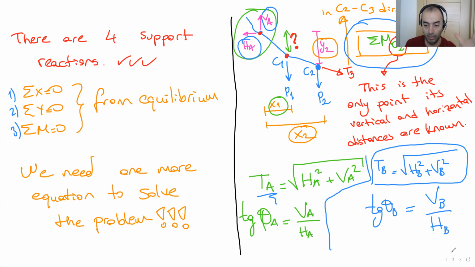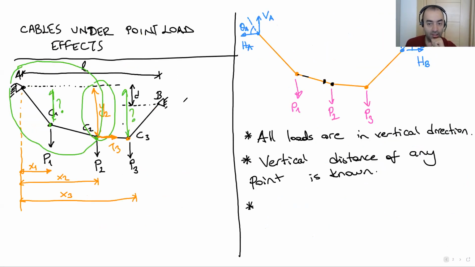Let's go back to the main page, page 4. As you can see here, look at the load points. We only know both distances from supports for C2. So as you can see, we don't know the vertical distance for C1 and C3.